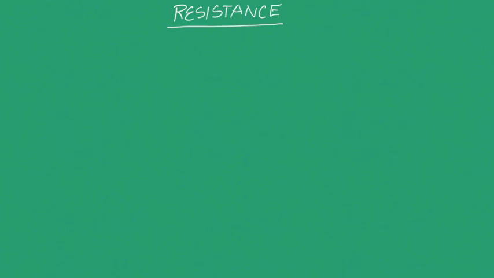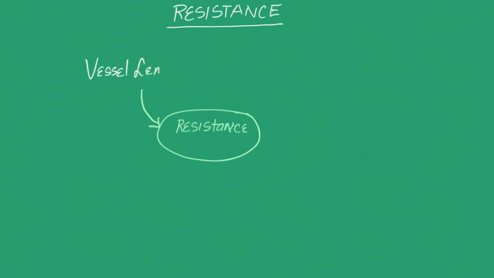Vessel length has to do with how long a blood vessel is. If a blood vessel increases in length, the blood must flow through a longer distance. So this would actually slow down the flow because the resistance has increased.